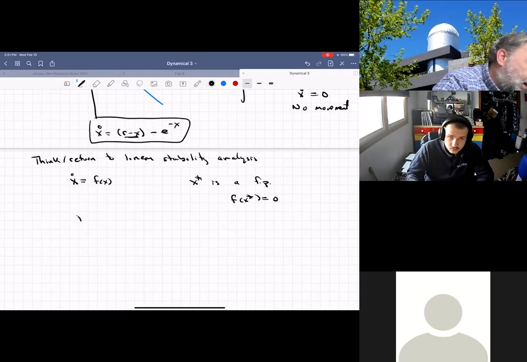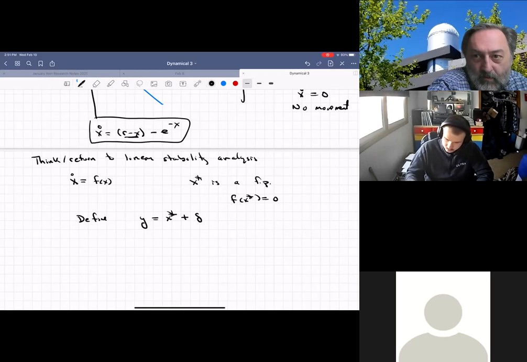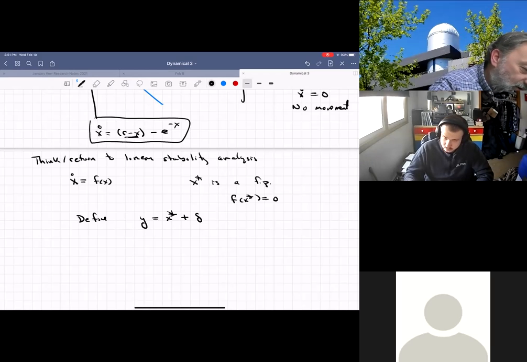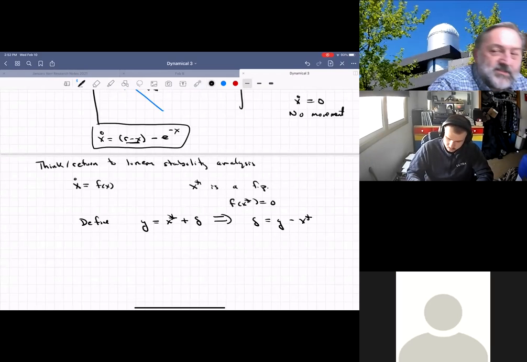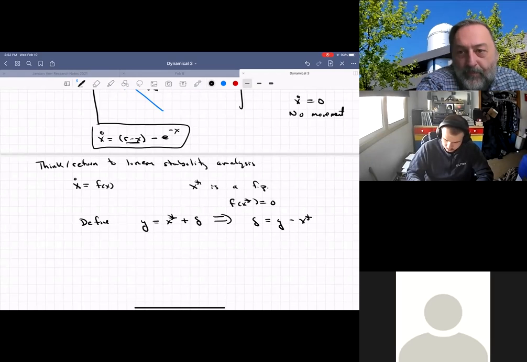I'm going to define y to be x star plus delta. So if I rearrange this, it means that delta is y minus x star. Delta is the distance from the fixed point.